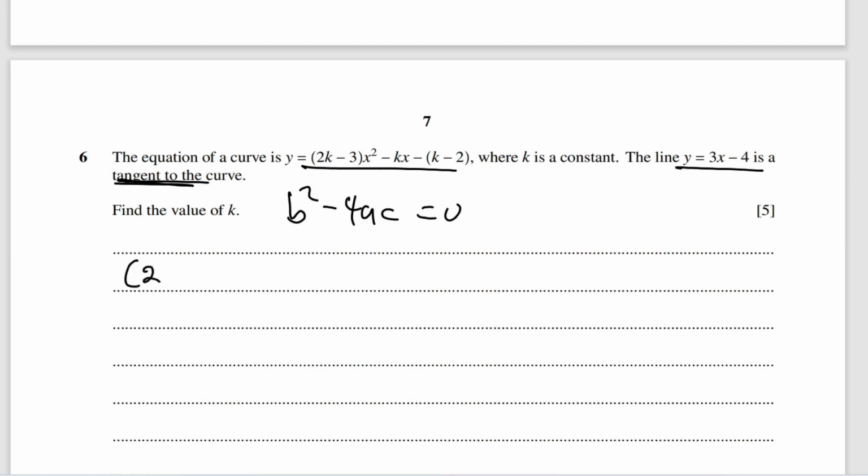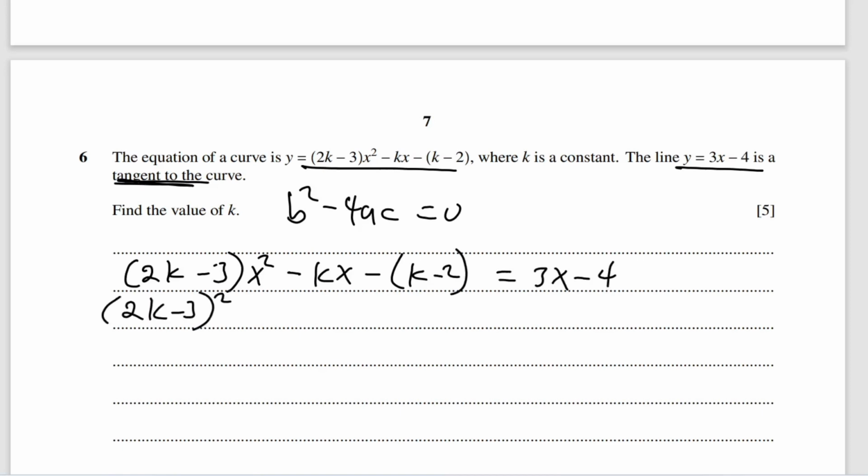So we have (2k minus 3x) all squared minus (kx minus (k minus 2)) is equal to 3x minus 4. So we have this, you don't need to expand it, and then, oh no, is the x, that's right, that's good. And then you can expand this one if you want to.